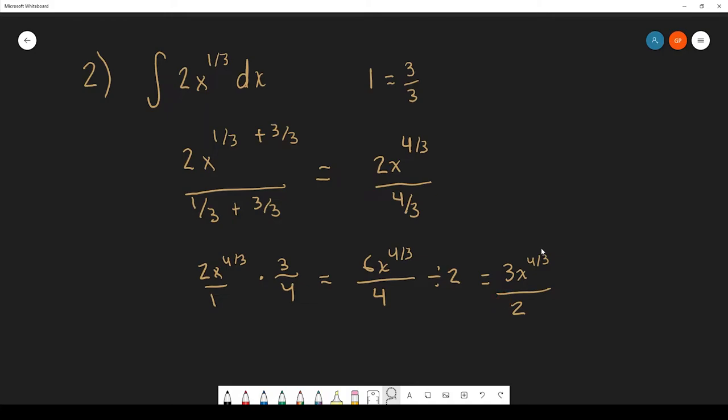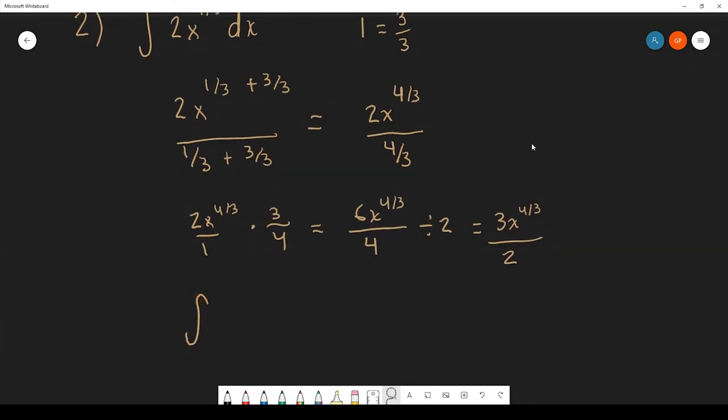But we're not done. Remember what I said before. Every single time you apply the antiderivative, you always need to add a plus c. So the antiderivative of 2x to the 1/3 power is equal to 3 over 2 x to the 4/3 power plus c.